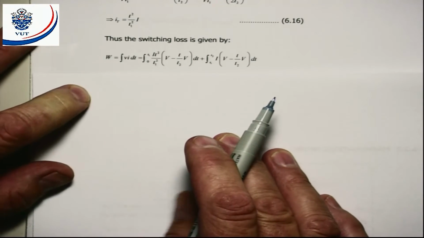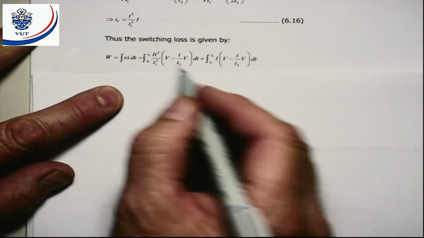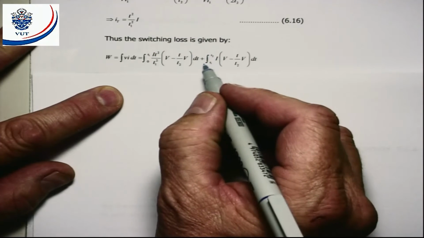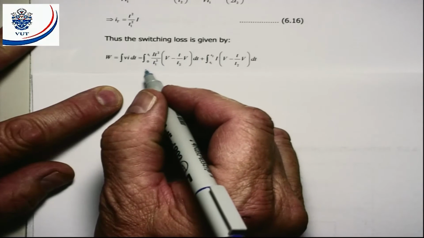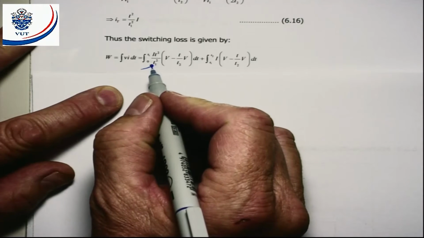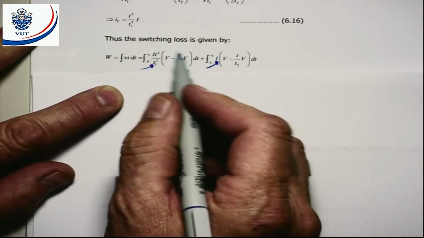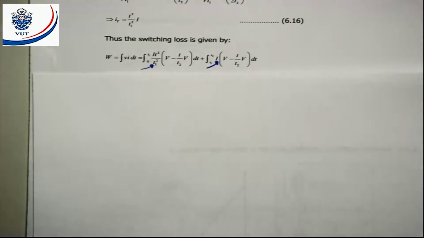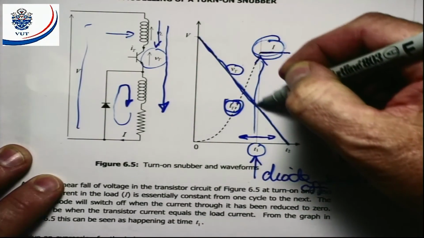Thus, the switching loss, VI, we get from 0 to T1, plus we get from T1 to T2. So you can see that here we've got a different expression for I than what we have there, but the voltage is still the same equation, because for the voltage we have this equation running right through.